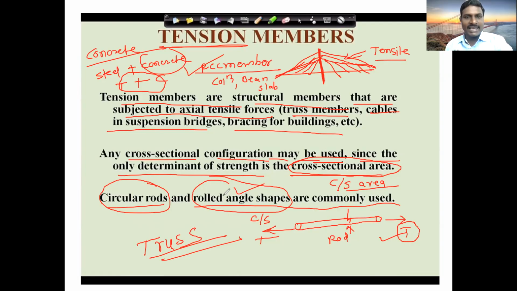A tension member carries an axial tensile force, and the load carrying capacity of a tension member depends totally on the cross-sectional area of that member. Also, commonly we are using circular rods and rolled angle sections as a tension member. Got it? Okay.